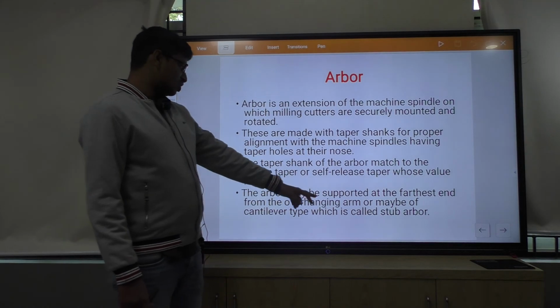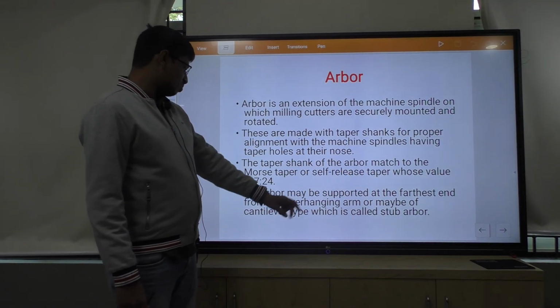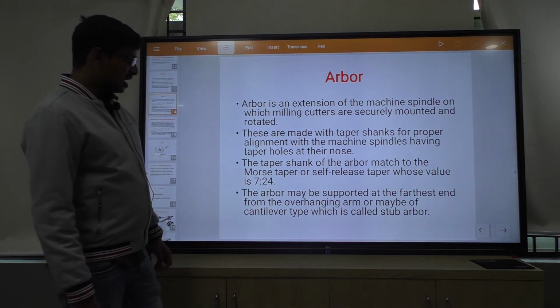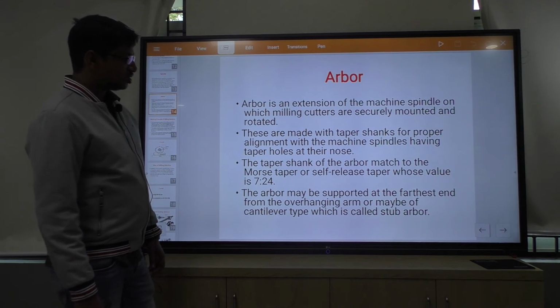These are made with taper shanks for proper alignment with the machine spindles, having taper holes at the nose. The arbor may be supported at the farthest end by the overhanging arm, or may be of cantilever type, which is called a stub arbor.